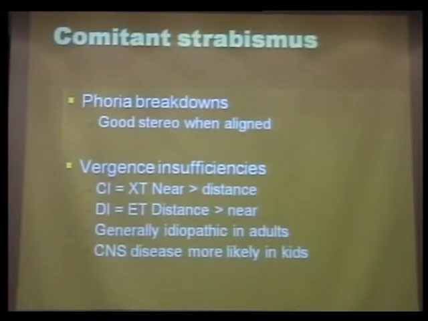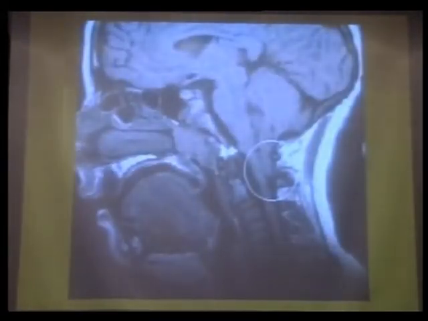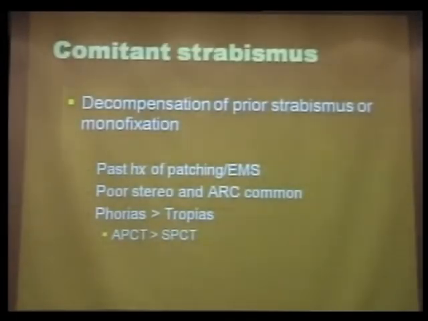We're seeing a lot more convergence insufficiency in kids that are diagnosed with ADHD and they go on Ritalin or amphetamine-type drugs. There's a very high association there. And divergence insufficiency in kids is commonly associated with a Chiari malformation or some other problem in the posterior fossa, or perhaps a pontine glioma as well.